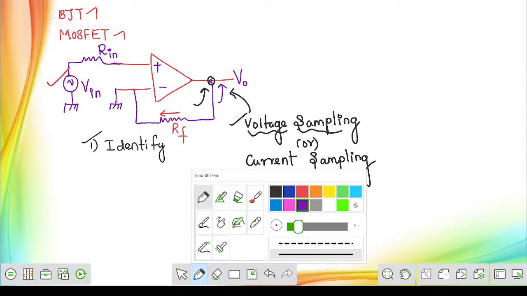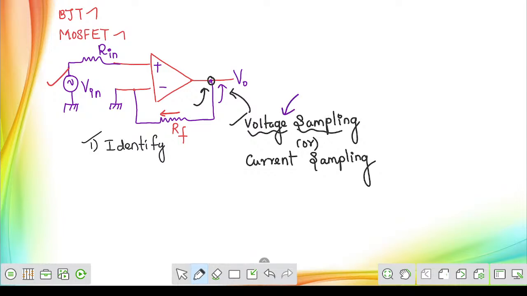First thing, what we observed here on the output side is voltage sampling. On the input side, if the feedback line is directly connected with your input supply, then that is called shunt mixing. Cross-examine whether your feedback line is connected with your direct input or not.